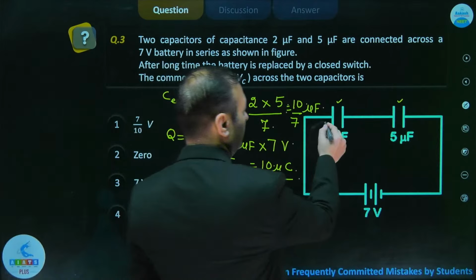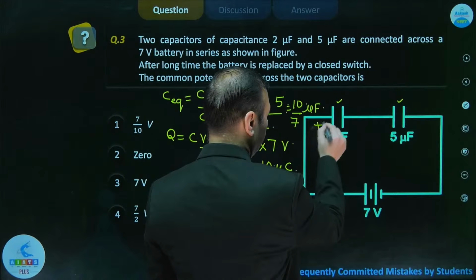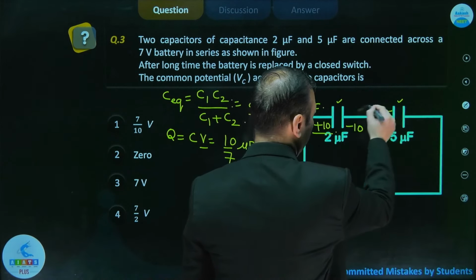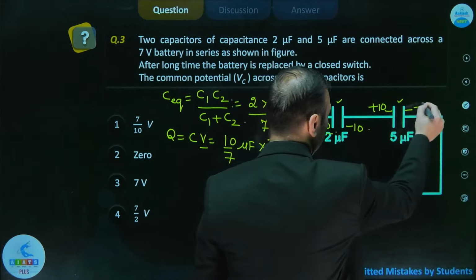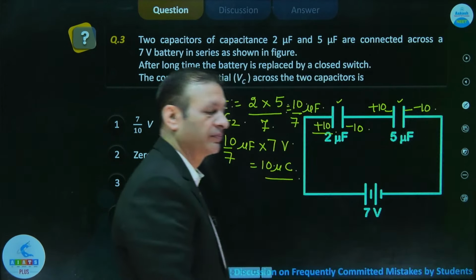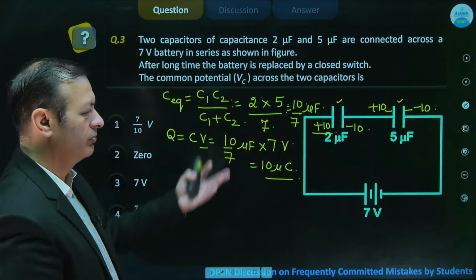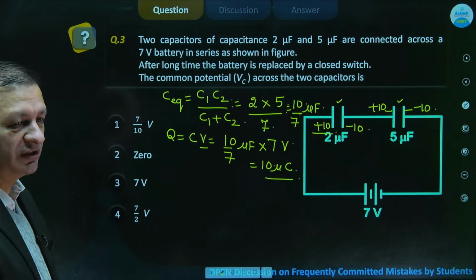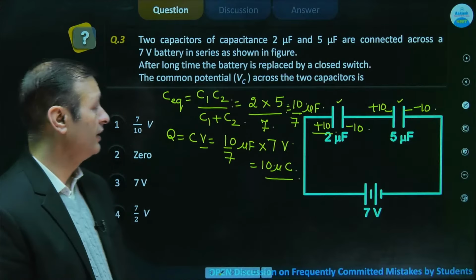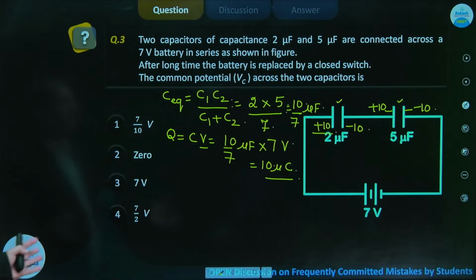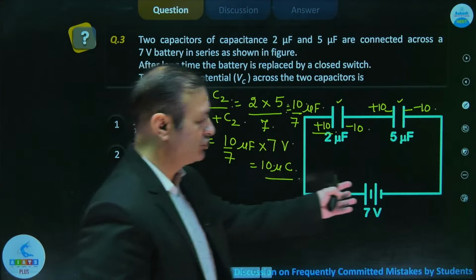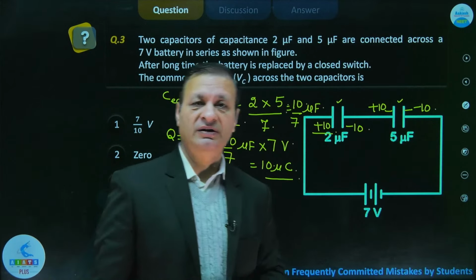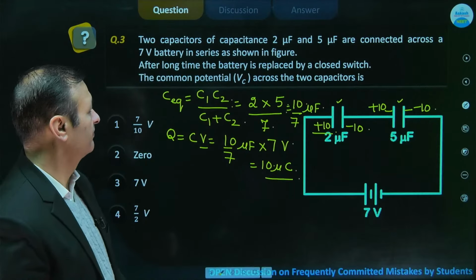So we have this is positive, so this is plus 10 micro, this is minus 10, this is plus 10, this is minus 10, and so on. Any doubt from this part? Now after a long time, once they are fully charged, so this is the final condition when you have a battery connected with this.